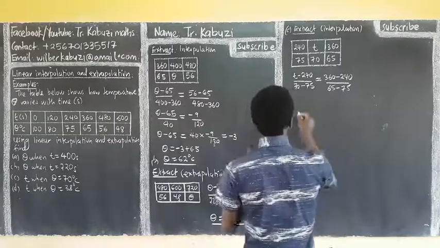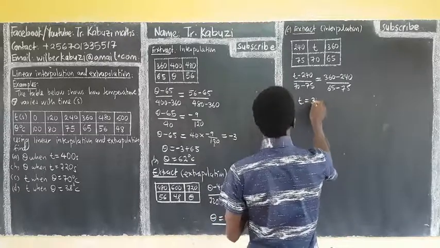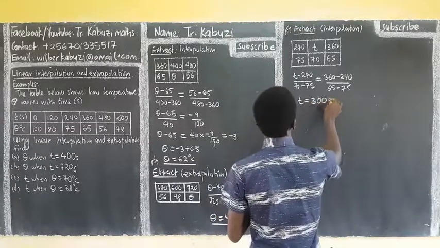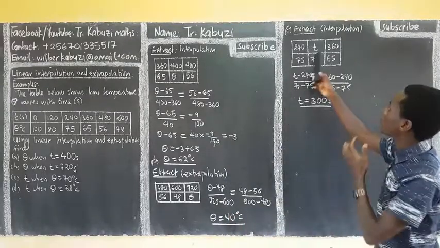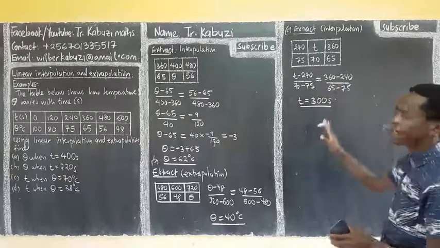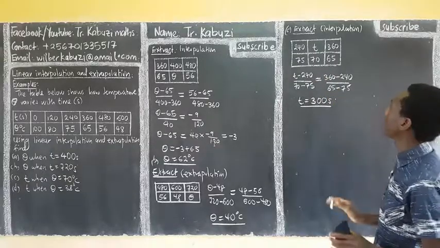So that here, my t I'm getting is 300 seconds. As simple as that. From here, give us direct one, so just press this on the calculator.